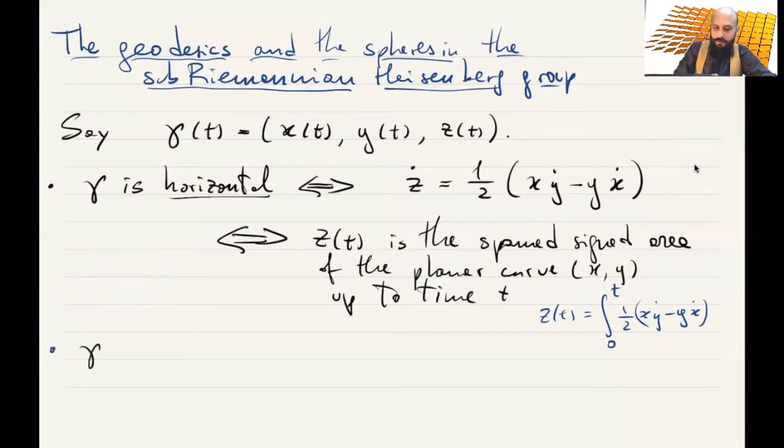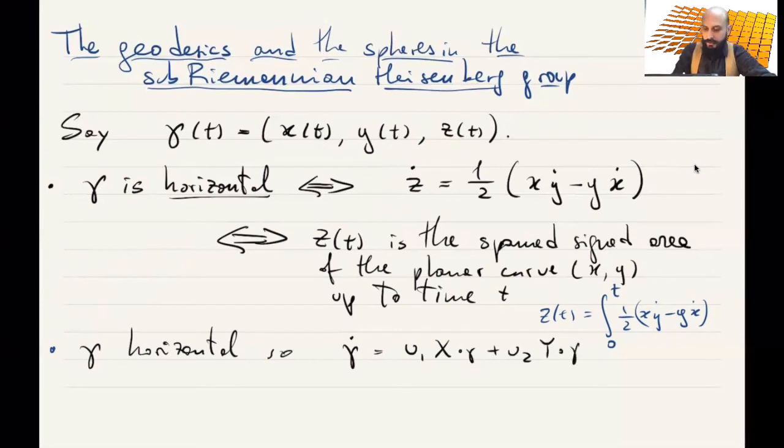So whenever you have a horizontal curve, gamma dot is equal to u1 X of gamma plus u2 Y of gamma. Now, gamma dot is (x dot, y dot, z dot).